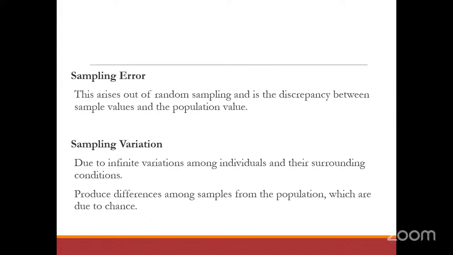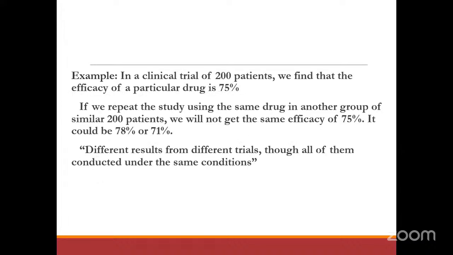Due to the sampled population and its different characteristics, the variations among the individuals also produce different kinds of errors within the sampled population. So that is sampling error, the first one, and the second one is sampling variation. We will try to minimize both errors in such a way that we can get a good measurement.